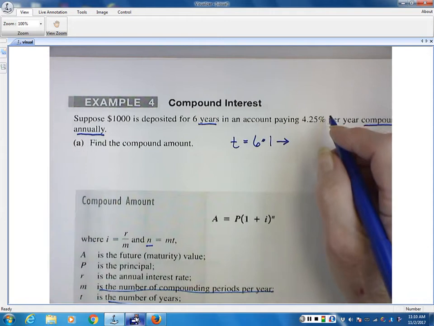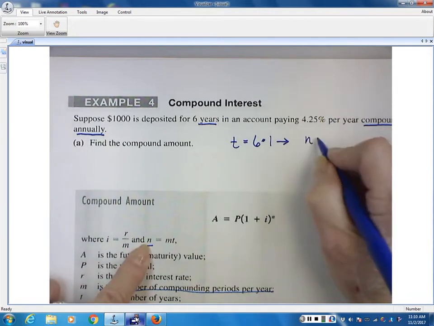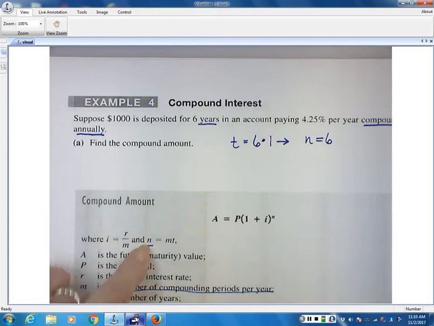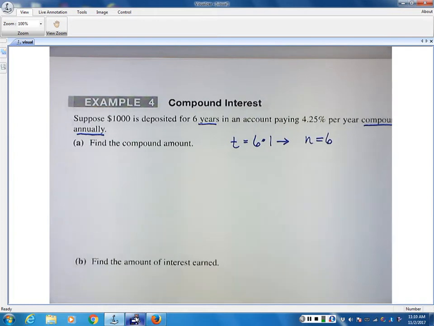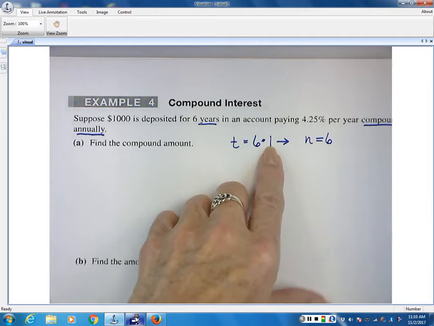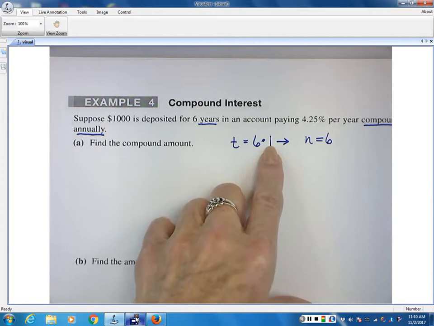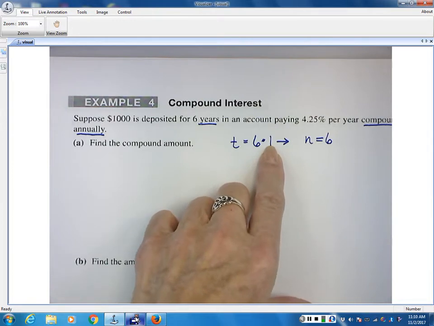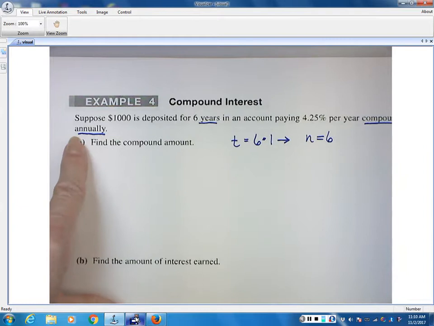So the value of N is actually 6. If you were doing that quarterly, you would just put 6 times 4. Or if you're doing it monthly, 6 times 12. Okay? But this time, the first one, we're doing it annually.